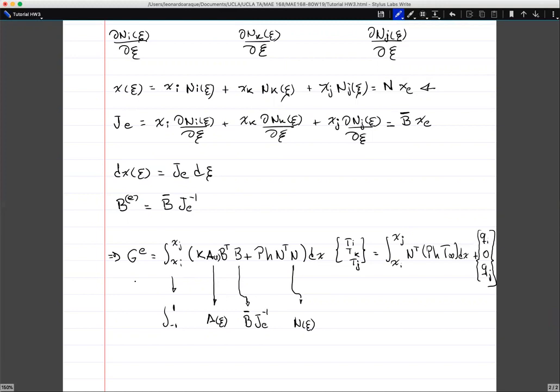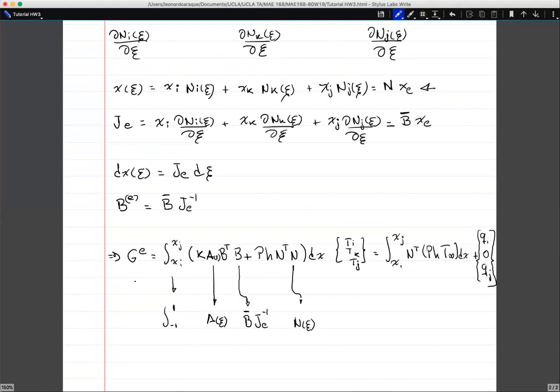The limits of integration will be the same because they are always from -1 to 1. And the Jacobian will be different. That's the only thing that will be different, right? Because it contains the information for each of the elements in the global domain.